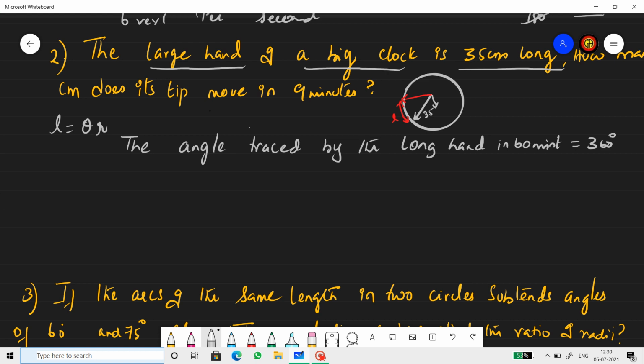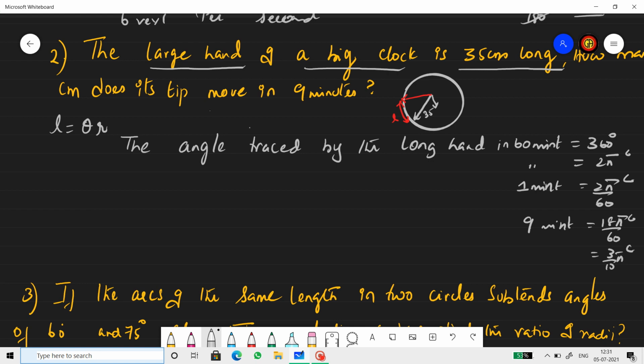Right? So if I convert 360 degrees to radians, it's 2 pi radian in 60 minutes. So in 1 minute, it makes 2 pi by 60 radian. And for 9 minutes, it makes 9 into 2 pi, that's 18 pi by 60 radian, which is 3 by 10 pi radian.